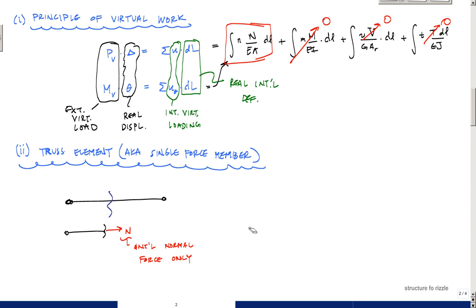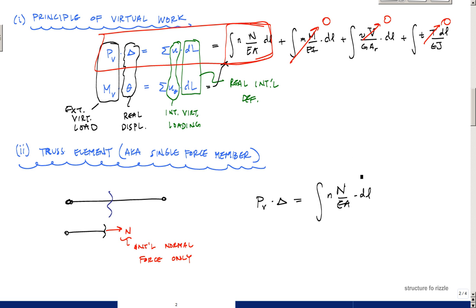What all this reduces to when we analyze trusses, and you're going to have to bear with me here, is this mess right here: if I write this out, I apply some virtual force times the displacement that I want to find, which is equal to the integral of n times N over EA times dl.